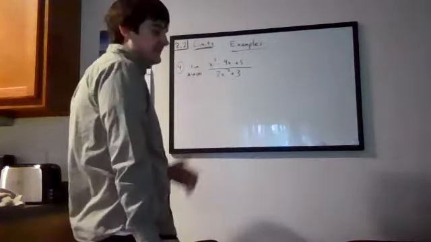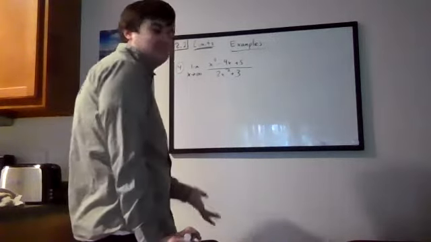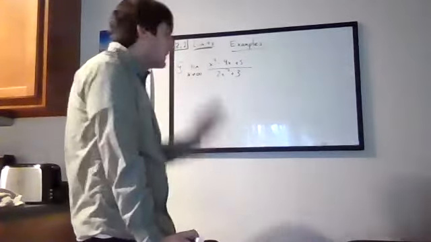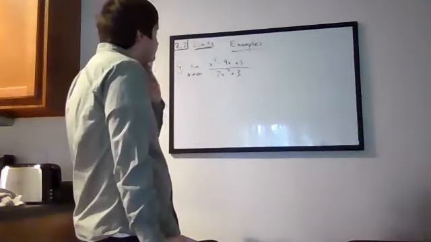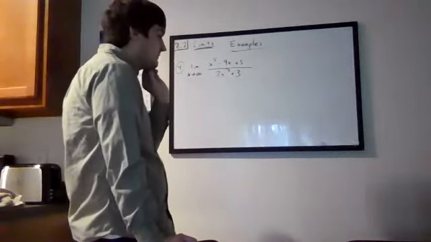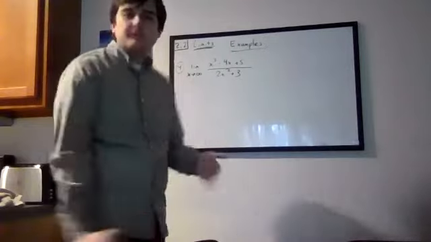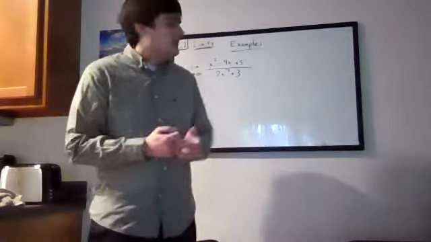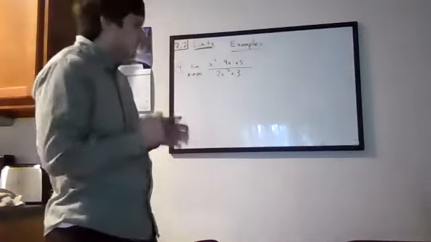Get infinity over infinity. I don't know what that is. It's not infinity. We can't just say it's infinity. And I don't really know if I can factor these, but in this case, we don't typically want to try to factor because it doesn't really help us out much anyway.